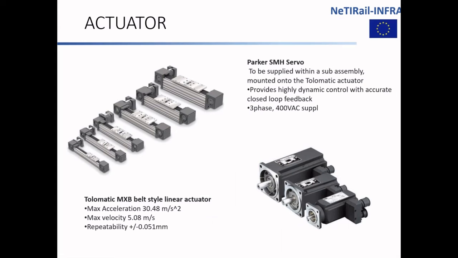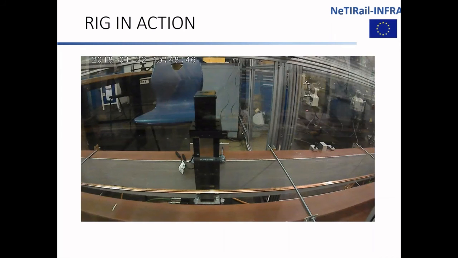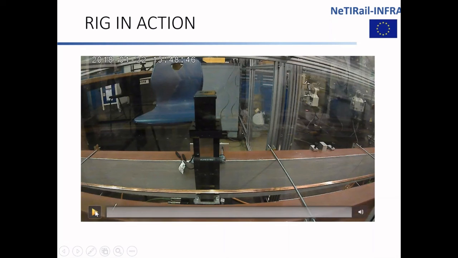We went from a hydraulic actuator to an electrical actuator, which gives us a much better dynamic response on the rig. So it allowed us to test at a whole range of different frequencies.